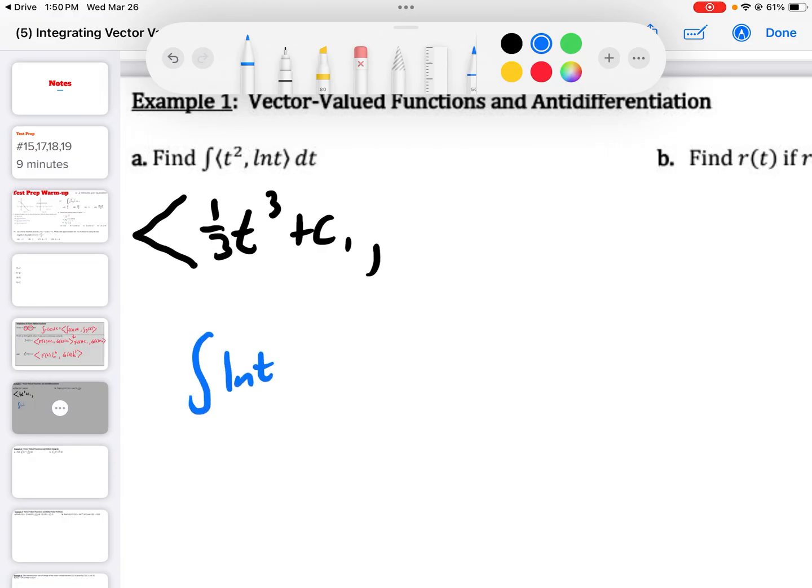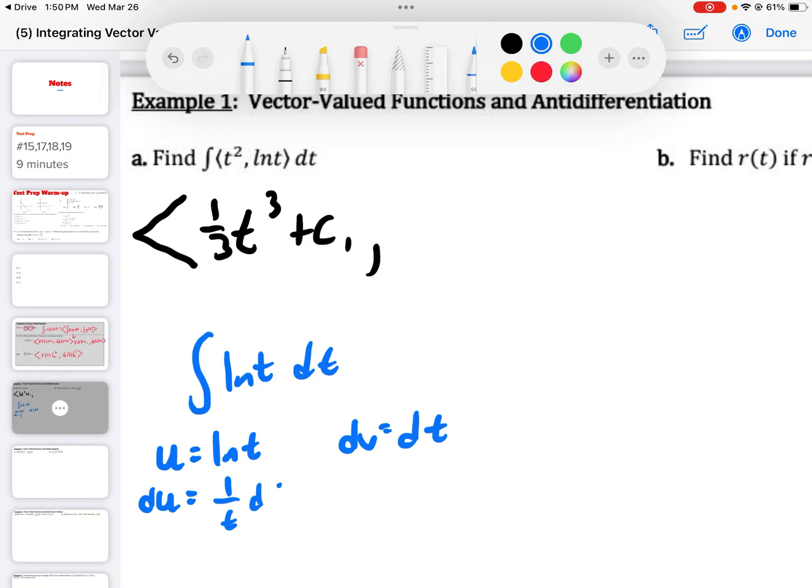So if I want to integrate the natural log of t with respect to t, I'm going to say u is equal to the natural log of t, and dv is equal to dt. So du, the derivative of that, is 1/t dt. The antiderivative of dt would just be t.